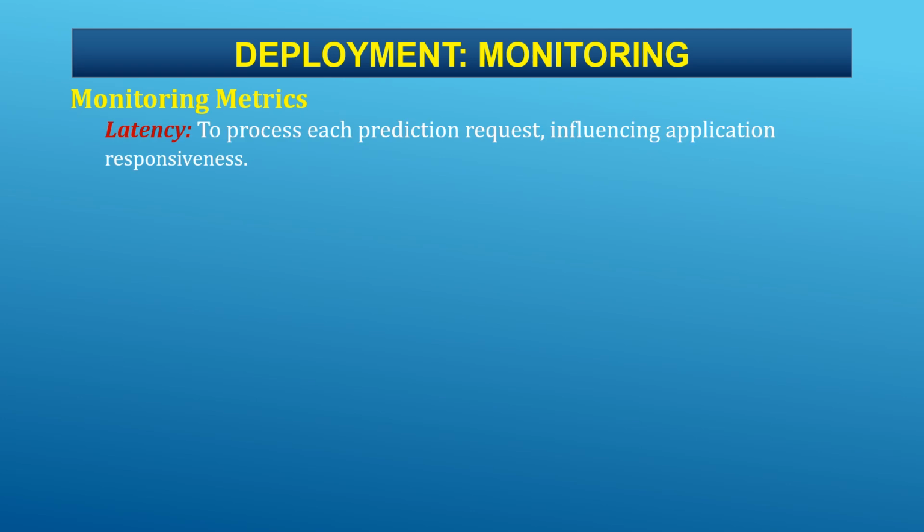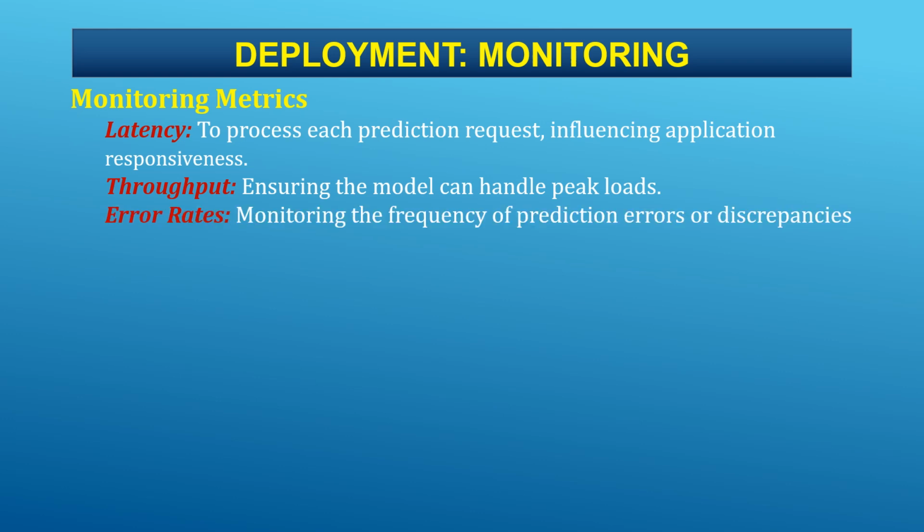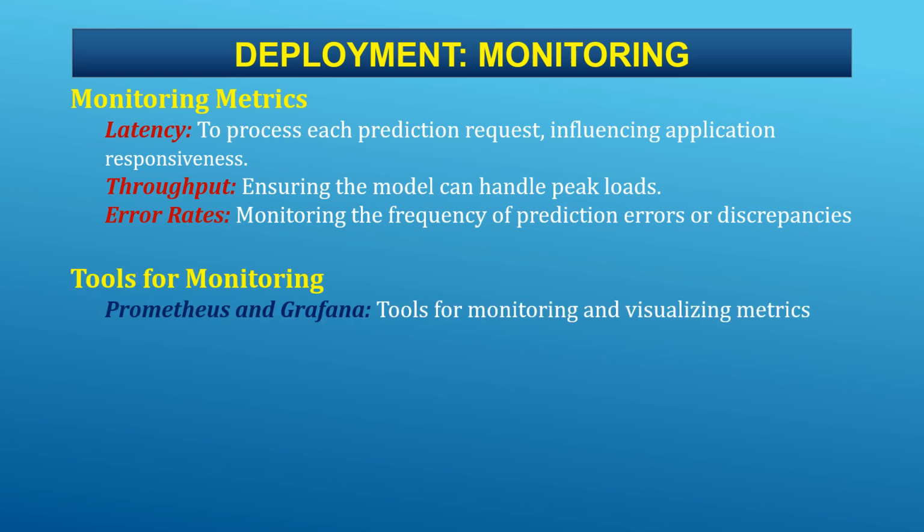Monitoring metrics. Latency: the time taken to process each prediction request, influencing application responsiveness. Throughput: the rate at which predictions are processed, ensuring the model can handle peak loads. Error rates: monitoring the frequency of prediction errors or discrepancies between expected and actual outcomes.